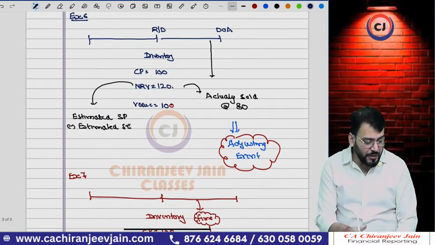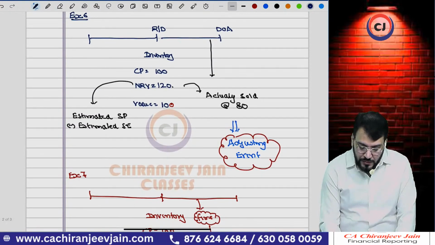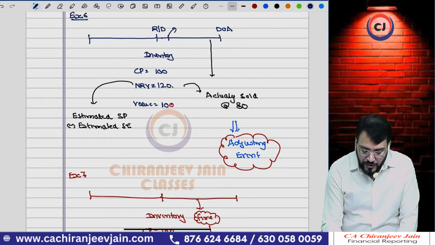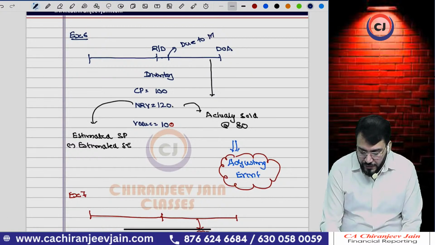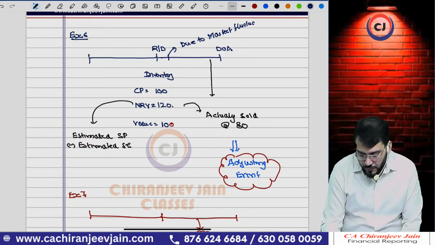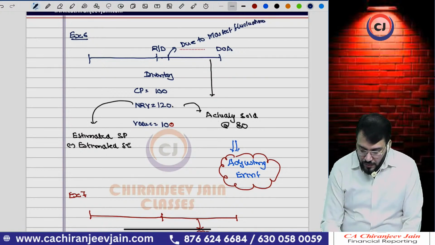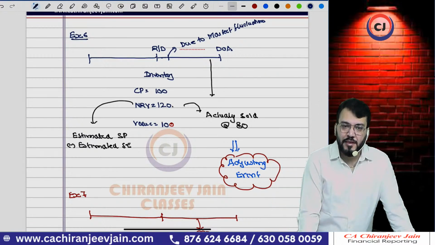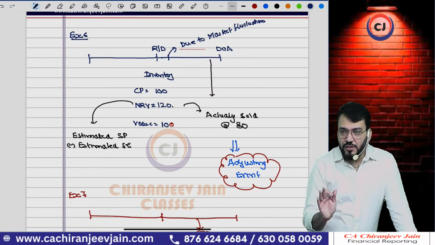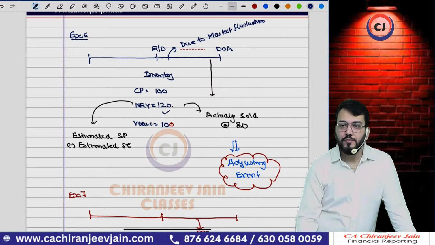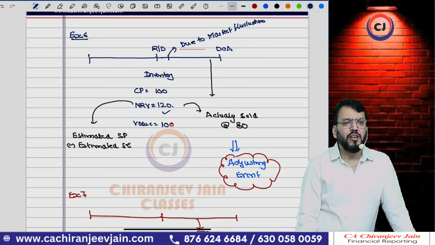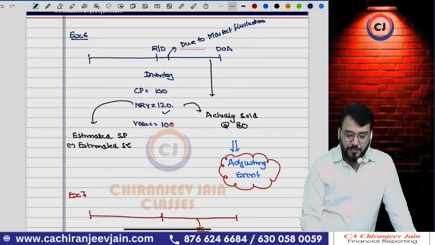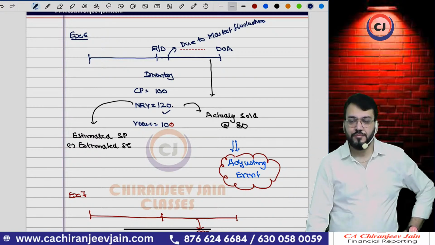In the same example, whatever example number 6 they have given, they have said that due to market fluctuation, the price now became 80. Understood what I am saying? They initially estimated 120. Then subsequently due to market fluctuation, it became 80. Now is it adjusting or non-adjusting?